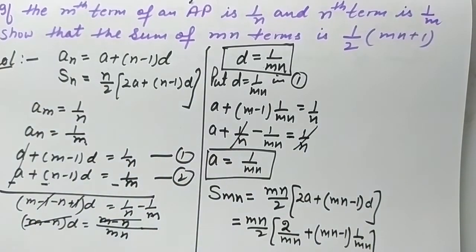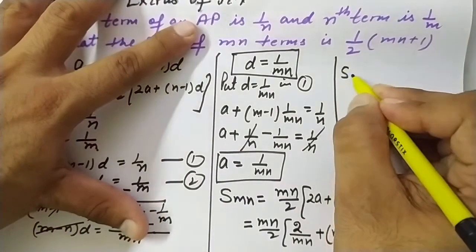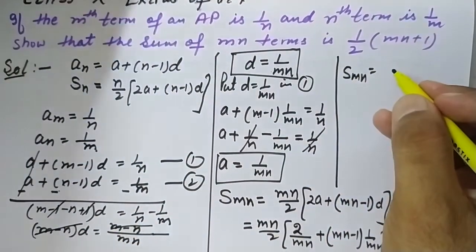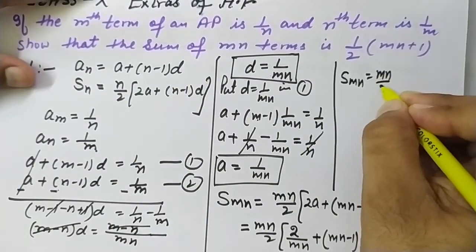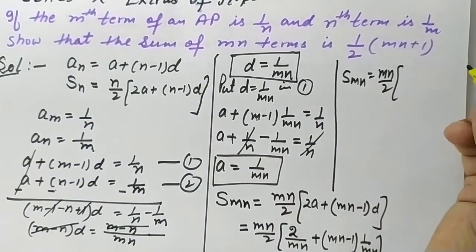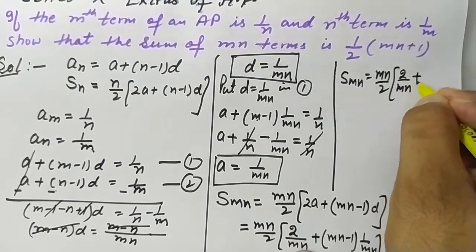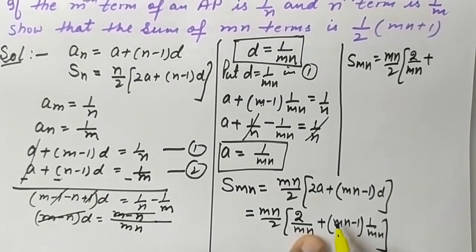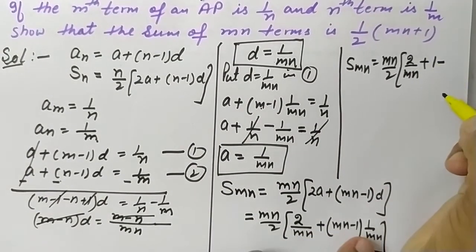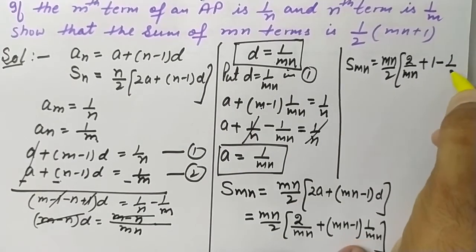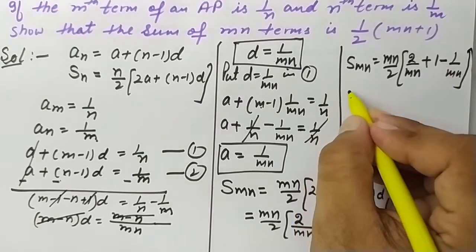So S mn is equal to mn over 2 into 2 over mn plus, if you multiply mn with this 1 over mn, you will get 1, minus 1 into 1 over mn is 1 over mn only, right?